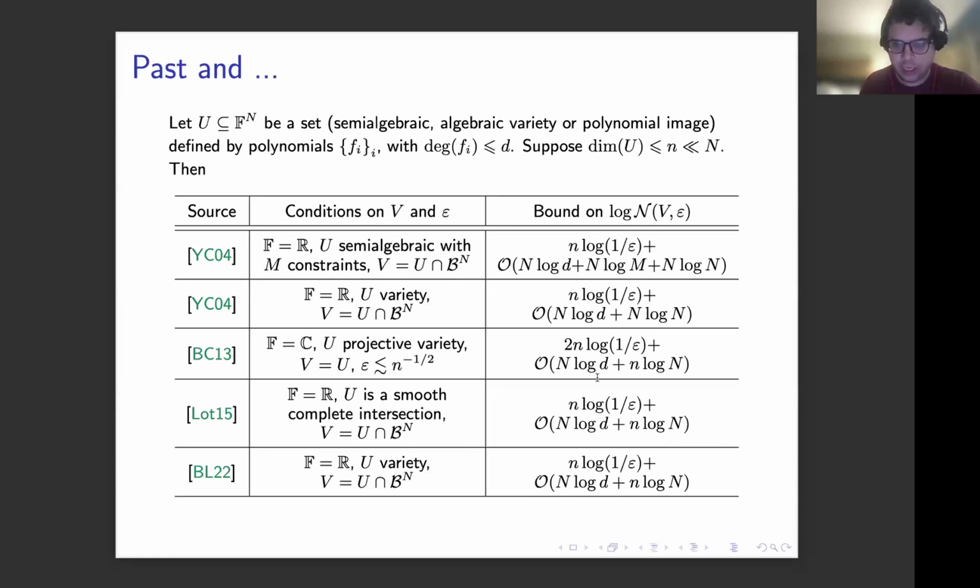Since little n is much less than capital N, these were significant improvements over the 2004 results.